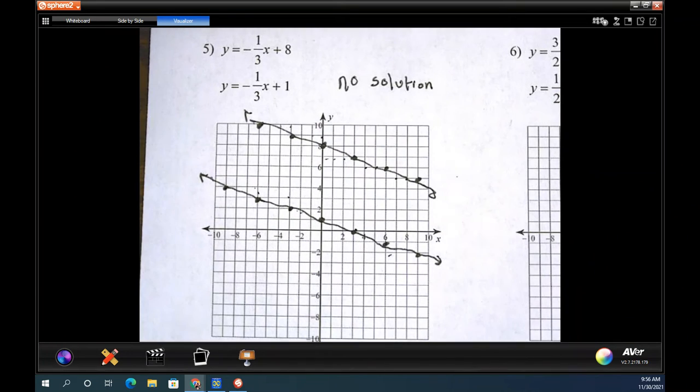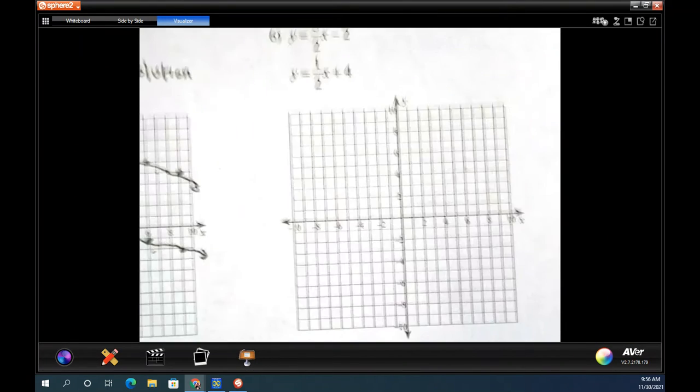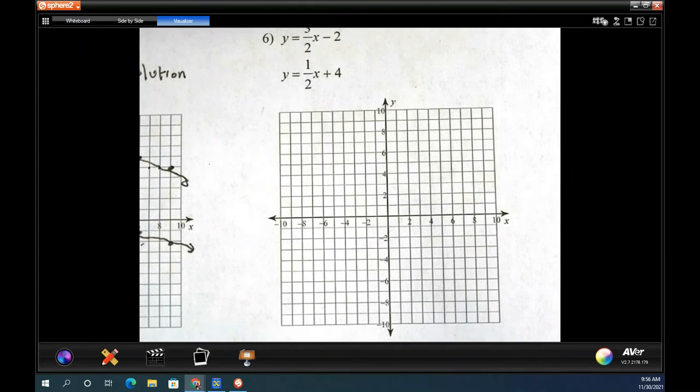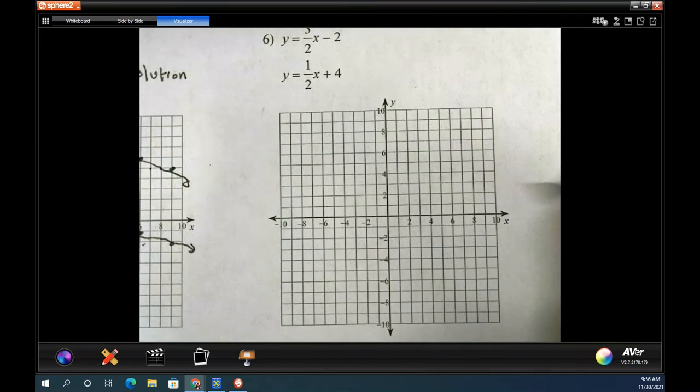Do the last one. All right, it should have started at 0, negative 2.